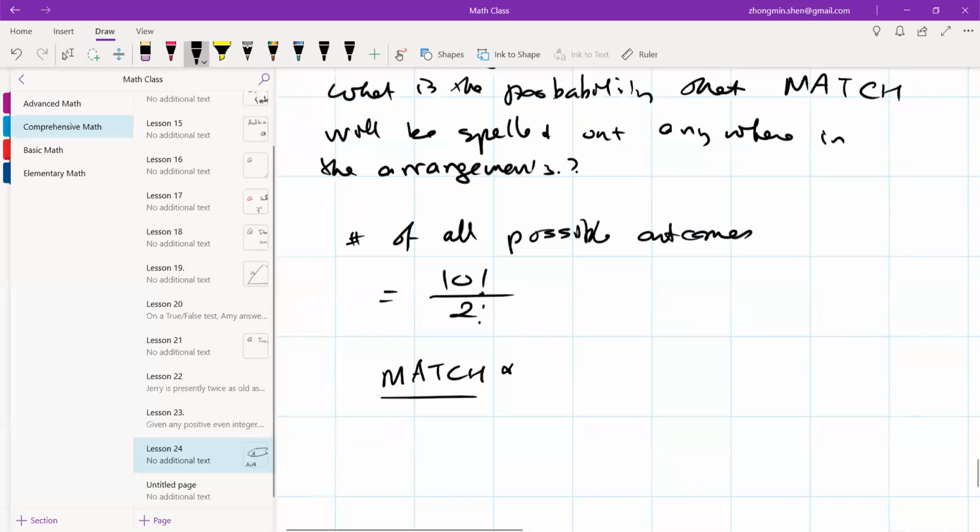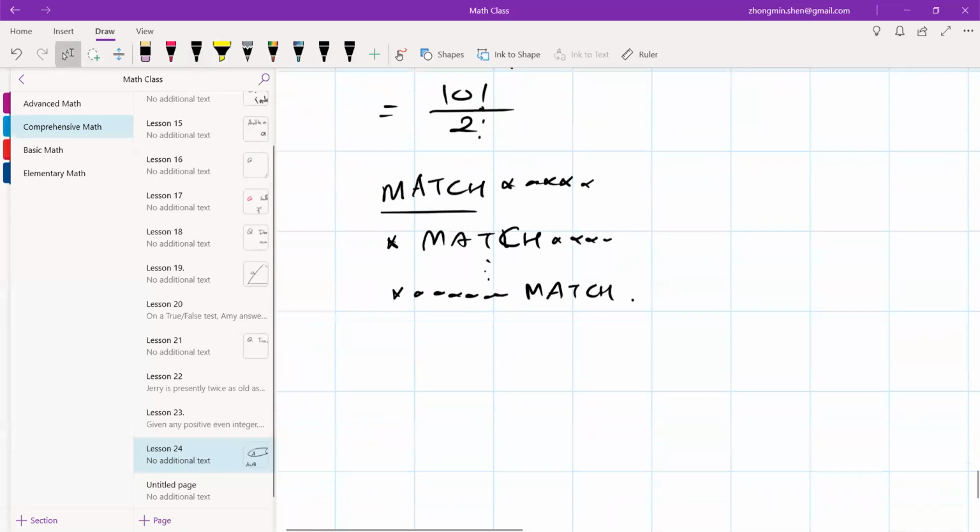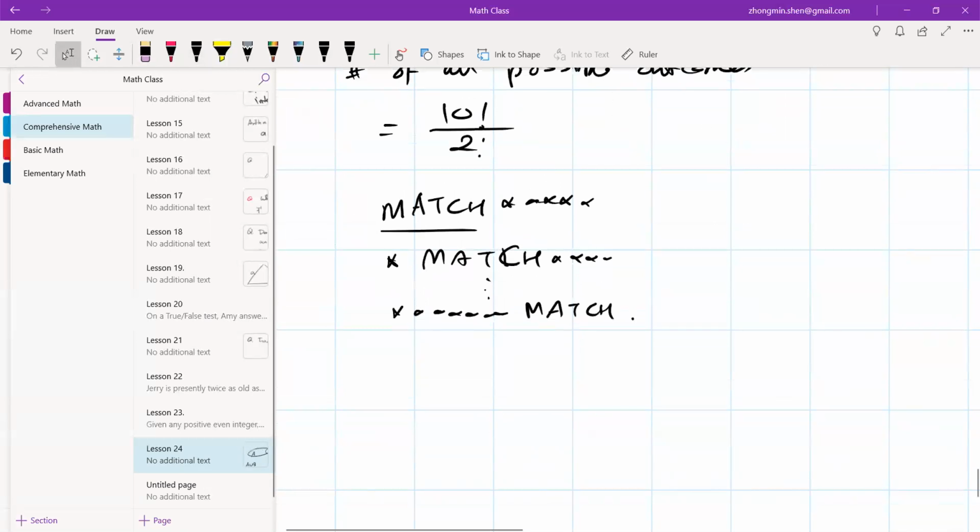Then there are many possible patterns, and so on. For each of them, you have 5 letters you can permute, so there are 5 factorial here, 5 factorial here, and so on.